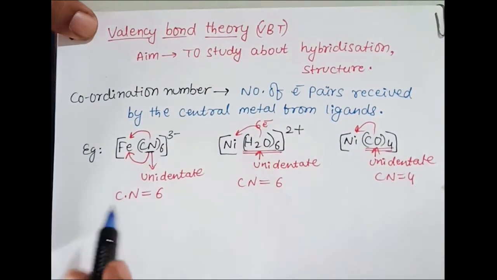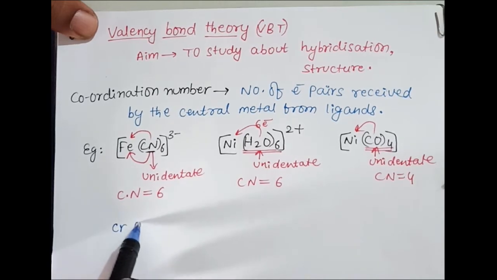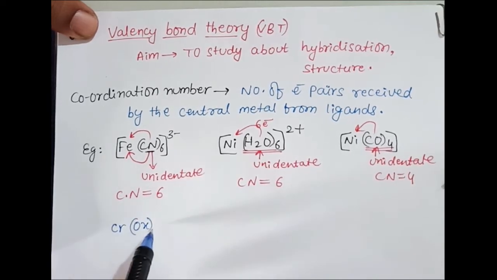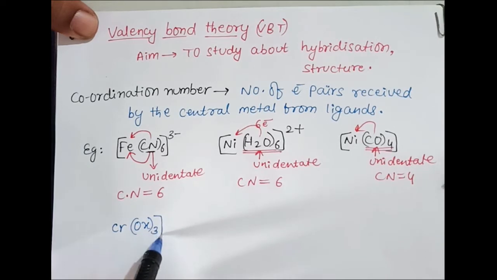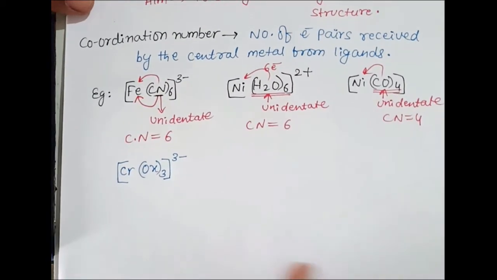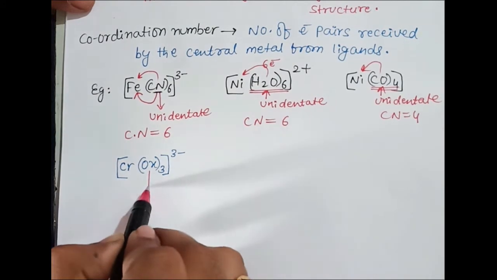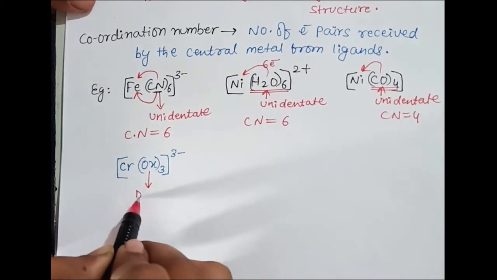Now I'll give you some more examples like this one. [Cr(Ox)3]3-. What is the coordination number of chromium? That is a question. Ox means oxalate. Oxalate is which type of ligand?